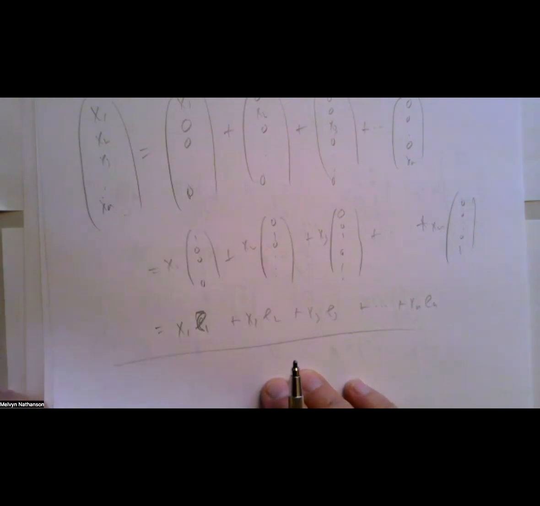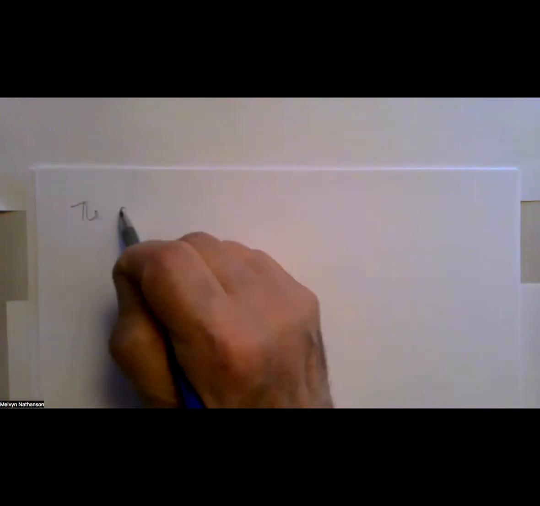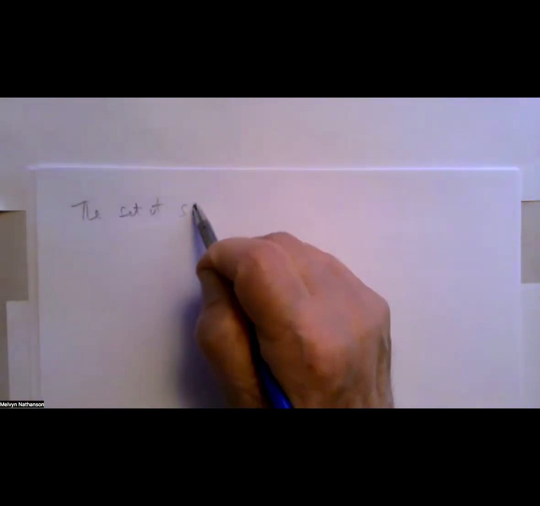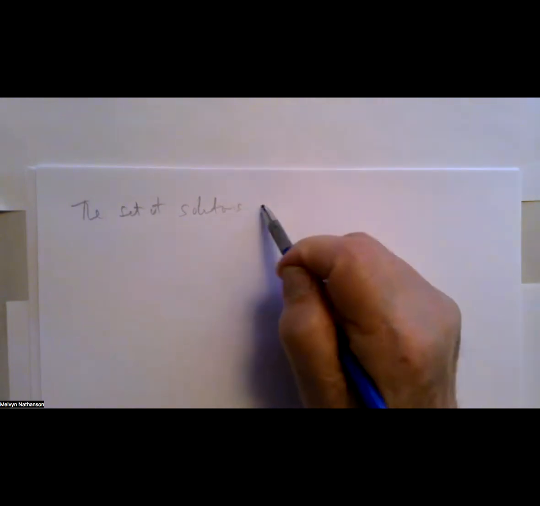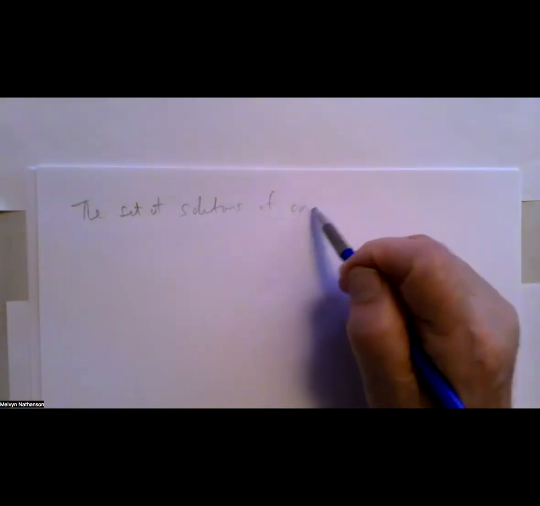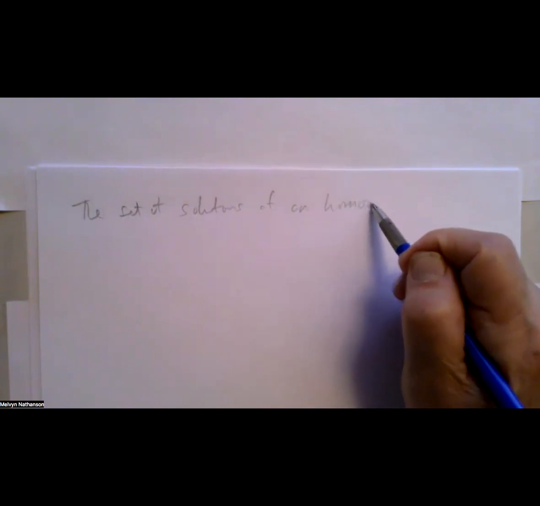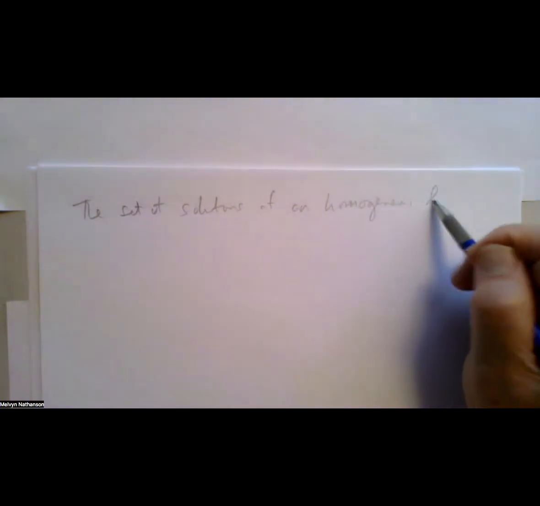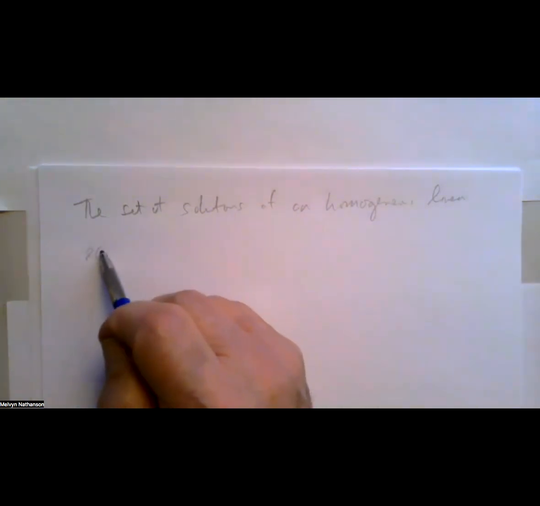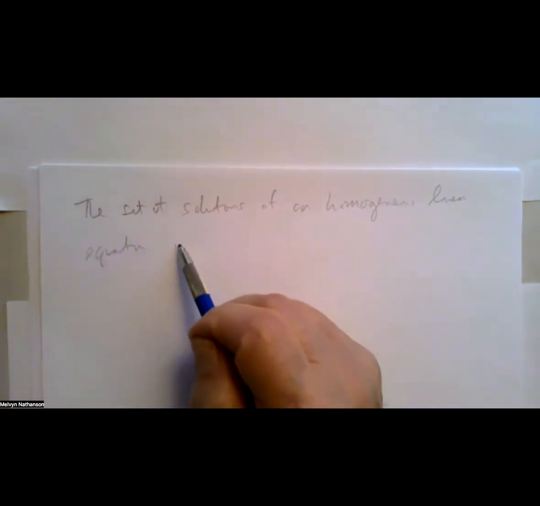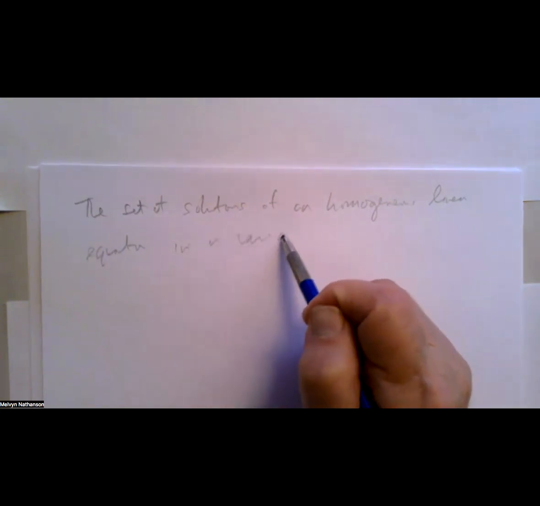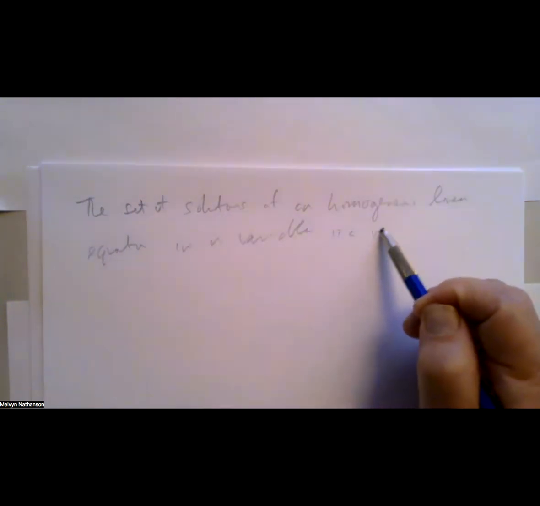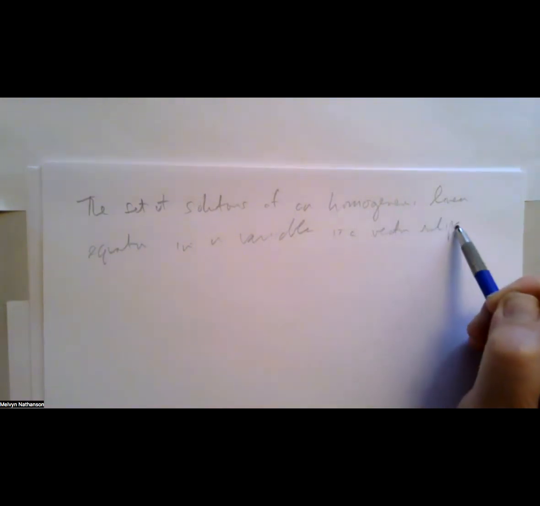So I defined a vector subspace, and it's a very important fact that the set of solutions, or the solution space, of a homogeneous linear equation in n variables is a vector subspace of Rn.